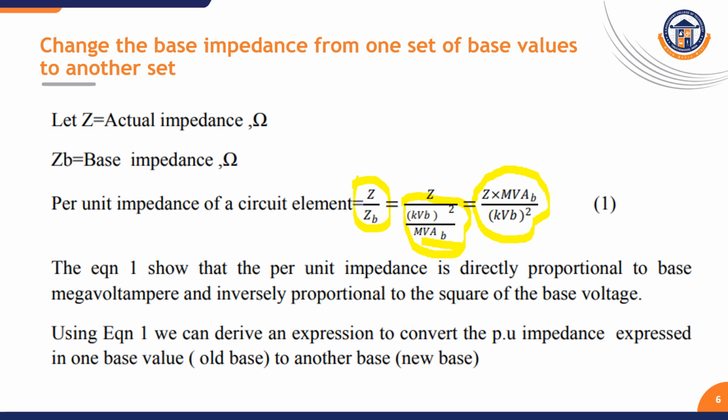Equation 1 shows that per unit impedance is directly proportional to the base megavolt ampere, and inversely proportional to the square of the base voltage. Using equation 1, we can derive an expression to convert per unit impedance expressed in one base value to another base value, that is, old base to new one.